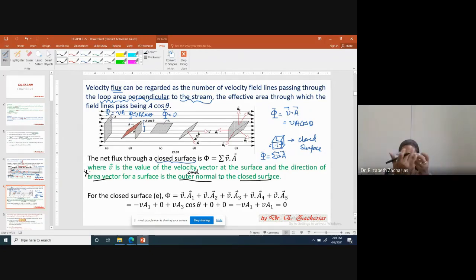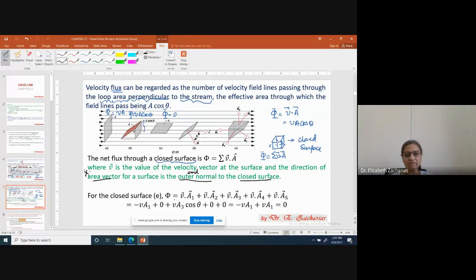This remote is a closed surface. It encloses a volume. If I am talking about the A vector for this top surface, the A vector will be an outward normal. Similarly, for this lower surface, it will be an outward normal. For this surface, this. For this surface, this. Always take the normal which is outward to the closed surface. So this is the major deviation from simply a flat surface that we have taken as the first example.